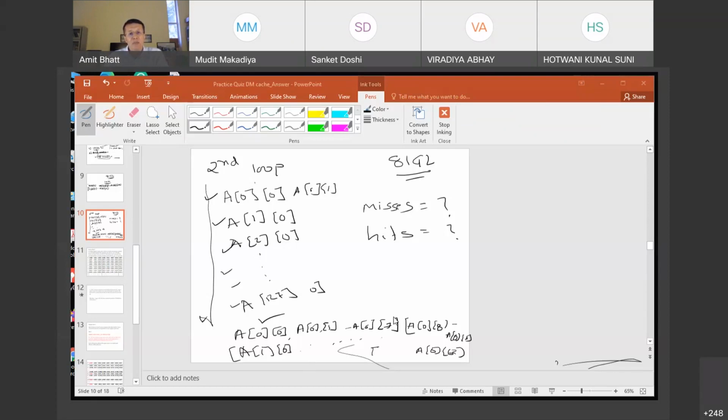The ideal thing which you would say is to just bring the block which is needed. So the first block you bring in is A00, A01, A02 up to A07, and the next block is A10, A11, A12 up to A17. But there are very low cost processors, which may cost maybe 20, 30, 40 rupees.